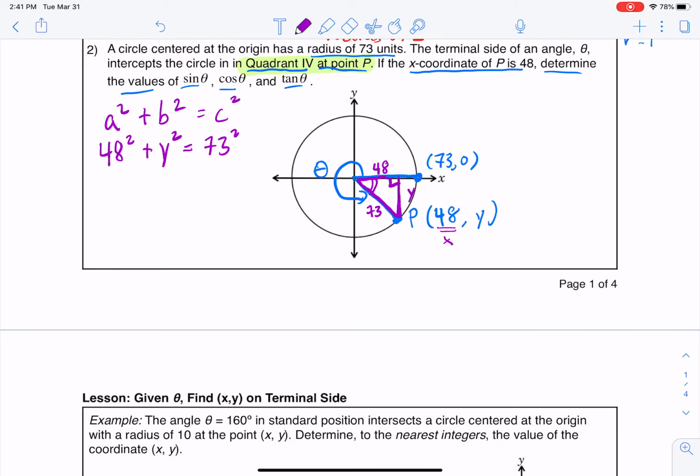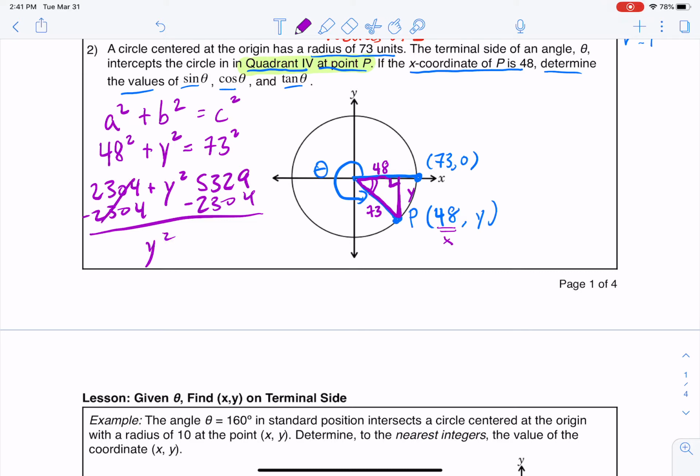Simplifying that then, I would have 73 squared, which is 5,329, equals 48 squared, which is 2,304, plus y squared. Subtract this from both sides.